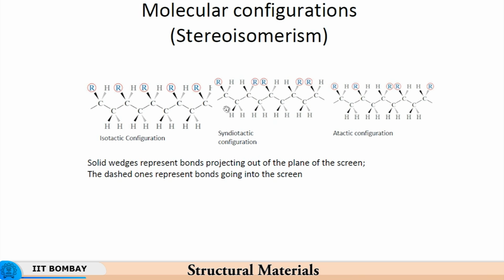Now we were talking about molecular configurations, which is called stereoisomerism. So one configuration is an isotactic configuration where these functional groups are, as you see here, on the same side of the carbon atom.